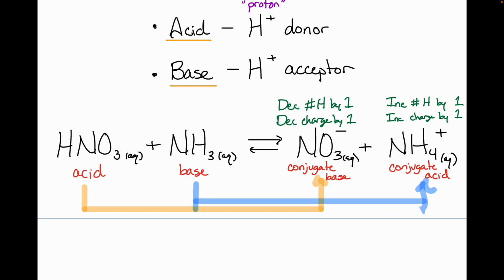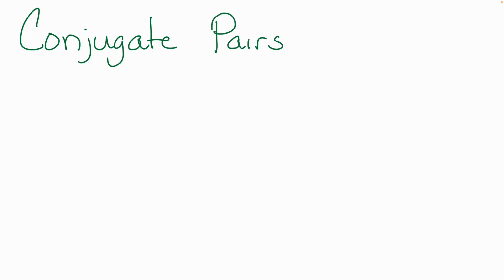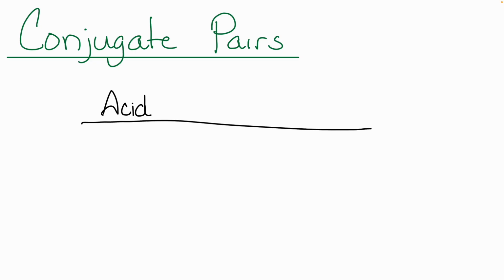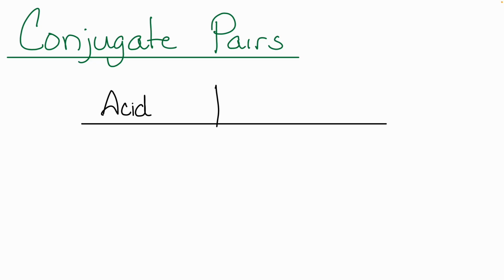Okay, so step one, we're going to practice these conjugate pairs here. By that I mean I'm going to give you the formula for an acid, and you're going to give me the formula for its conjugate base.